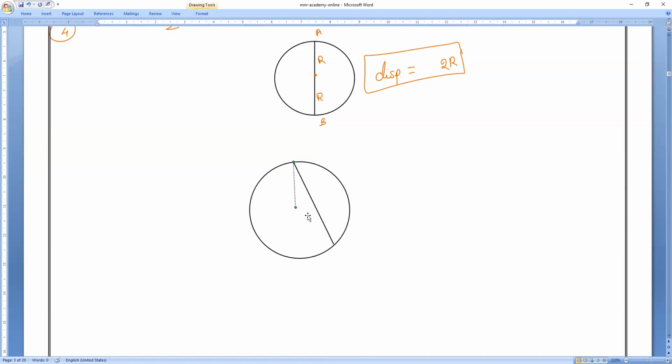Radius. Yes or no? Radius, from point A to the center. Then from point B to the center also, what is it? That is also called radius. In a circle, from every point to the center, it is called the radius. Clear, all of you?